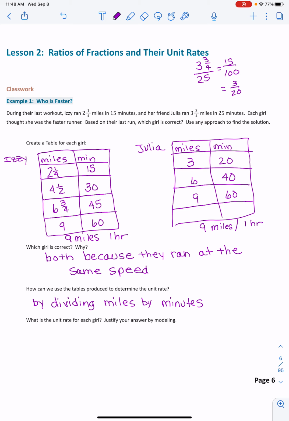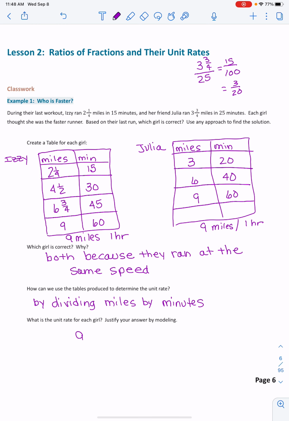And it says, what is the unit rate for each girl? And justify your answer by modeling. Well, ours is 9. And how we did that was we made a chart. Justify our answer by modeling, we made a chart.